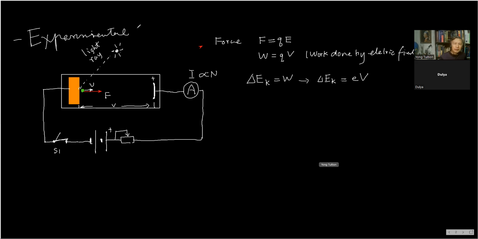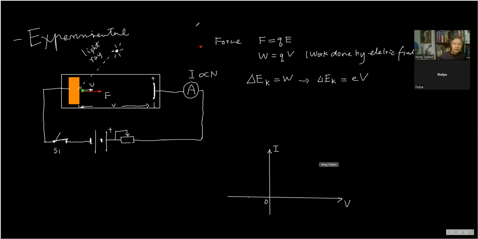If I draw the diagram here, this time we have applied a voltage above zero. This axis is the voltage applied, and this is the current detected. You would expect that as the voltage increases, the current will increase.